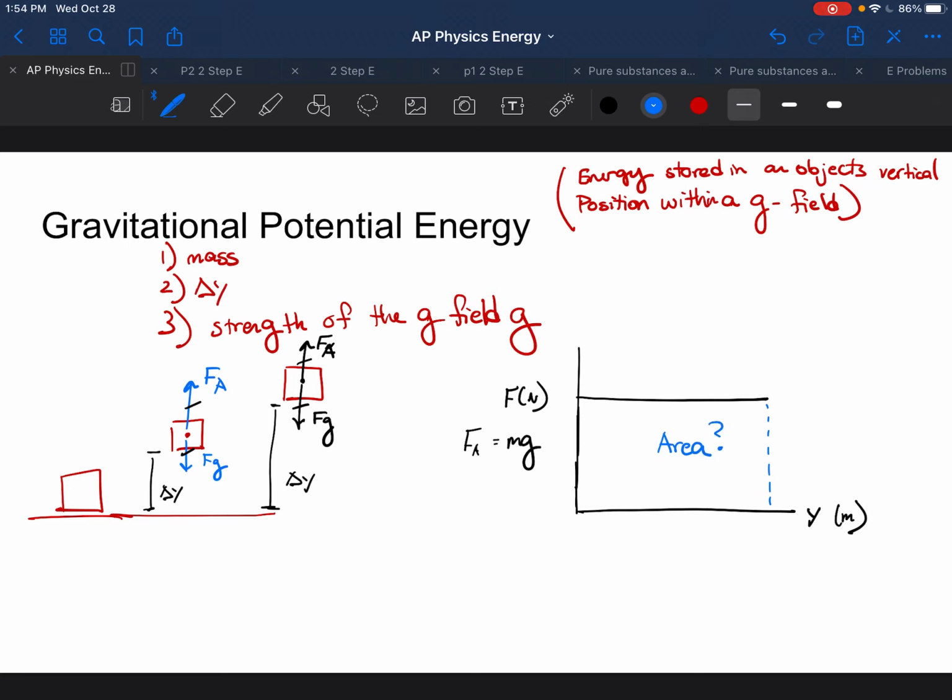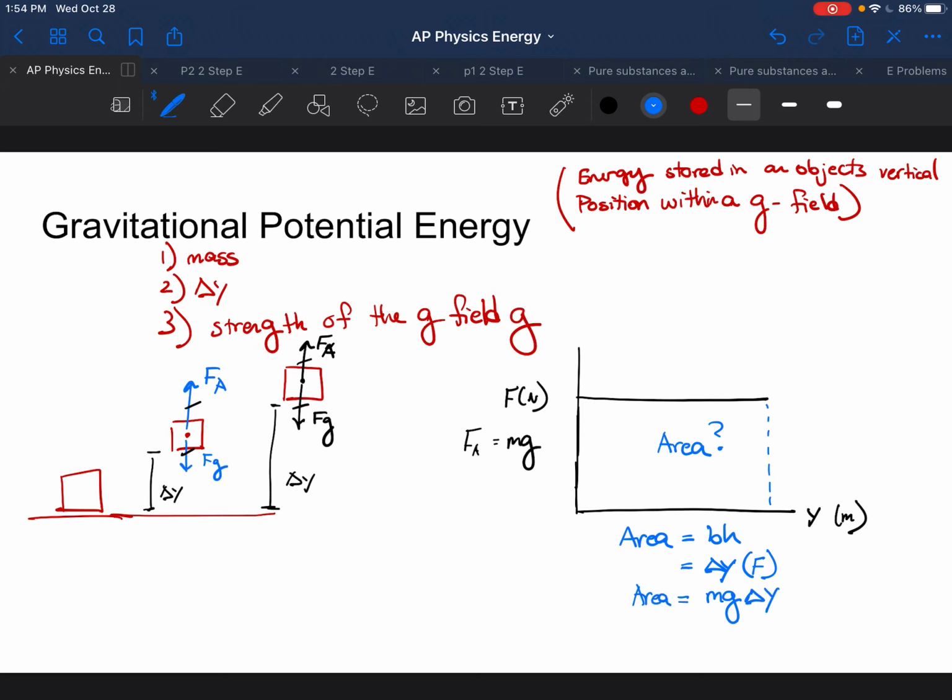Well, area is equal to base times height. So the base is the change in position, delta y, and then your height here is F, or in this case, since F is mg, mg delta y.